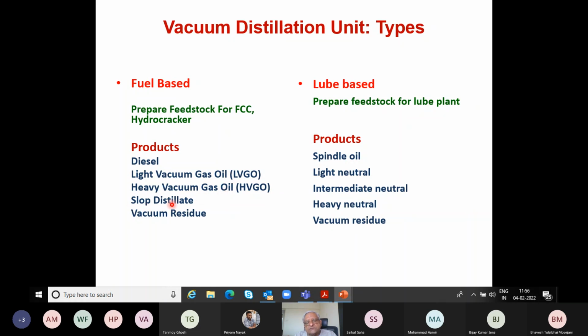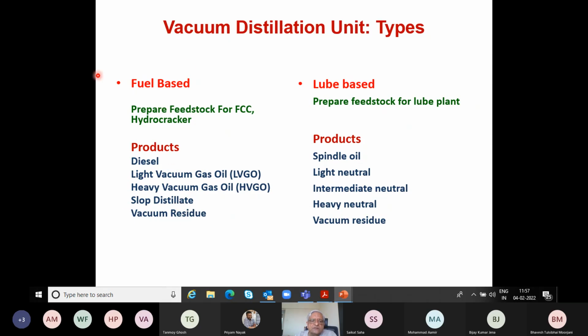And then, similar to the atmospheric column, here also we heat up slightly more so that we get a small amount of slop oil, which is a wash oil, to wash the fraction between HVGO and what we call the short residue or vacuum residue.